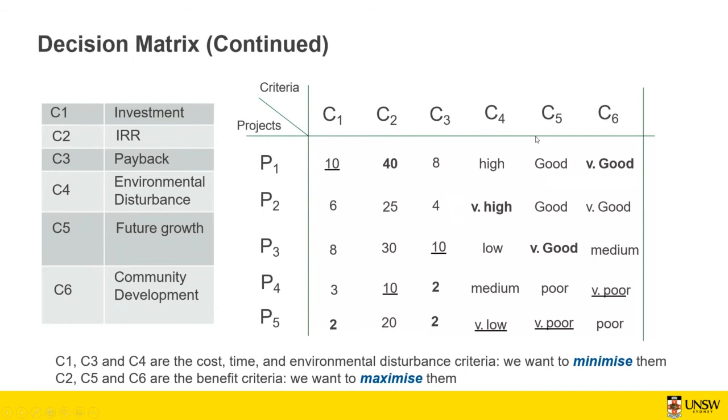But the other 3 criteria, C4 to C6, are qualitative criteria. So it's based on how you describe it. Is it high, low, good, bad? Those kind of things.